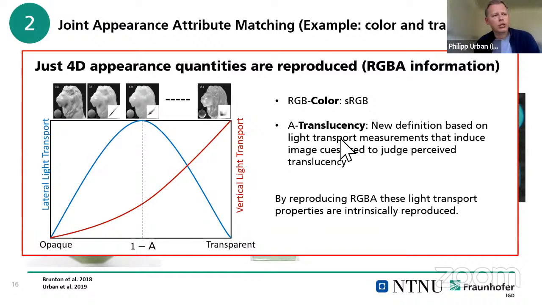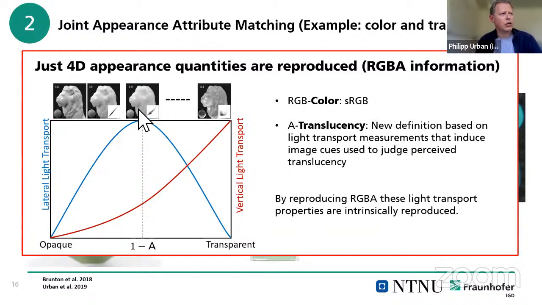It's based on light transport measurements that induce image cues that are used by the human visual system to perceive translucency. For example, if we have lateral light transport, light goes into the object, is scattered, and goes back to the observer, but at a different position on the surface. Then texture is blurred, fine geometric details are blurred, and these image cues are observed by the human.